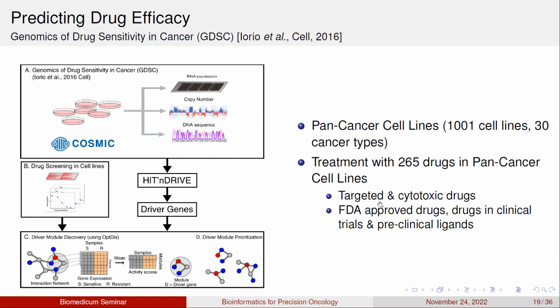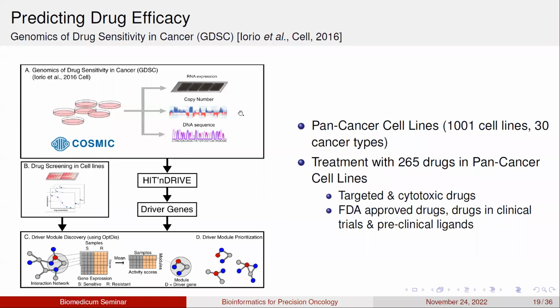These drugs were FDA approved, targeted or cytotoxic, or drugs in clinical trial or preclinical stages. So with more than 1,000 cell lines treated with 265 drugs, you can think of it as analyzing data for about 265,000 cancer patients.